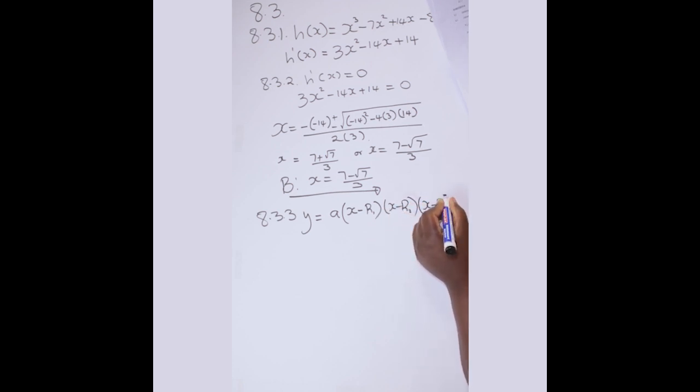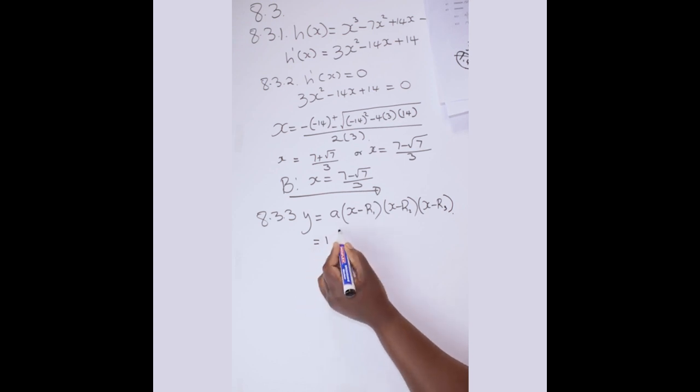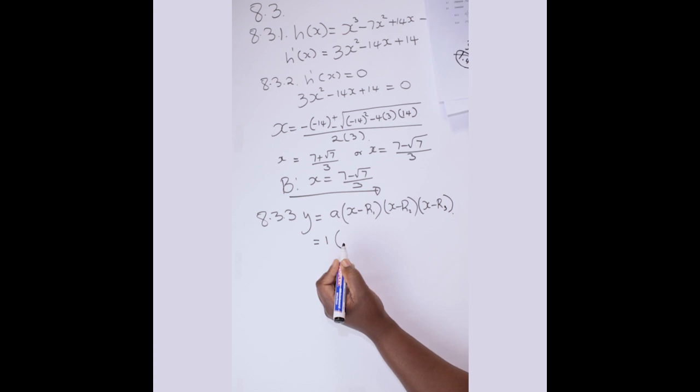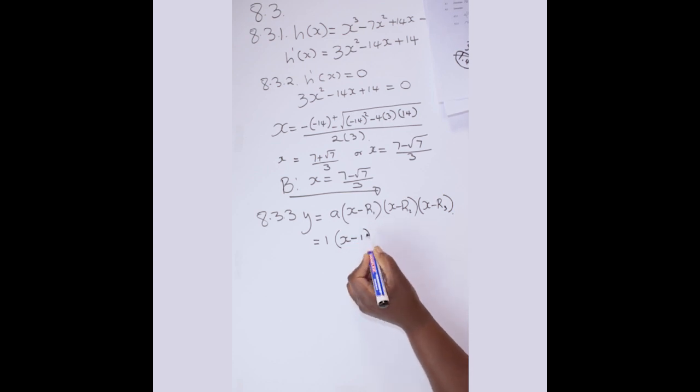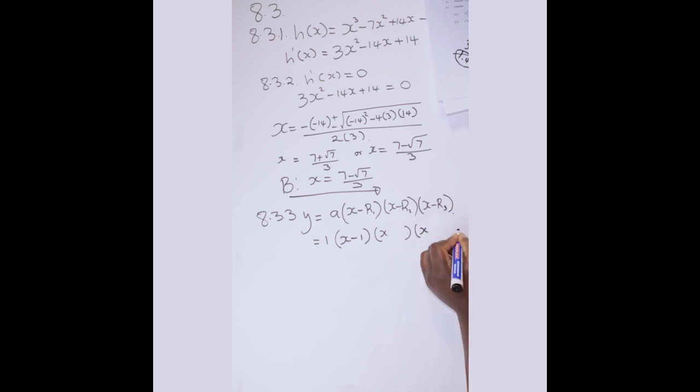This is what I don't know. But by looking at this, you can see that your value of a has already been given as 1, so you don't have to bother yourself. And at point A, you already have x as 1, so you can say you have x minus 1. What you don't know is the second root and the third root, which is C. So you need to try and figure that out.